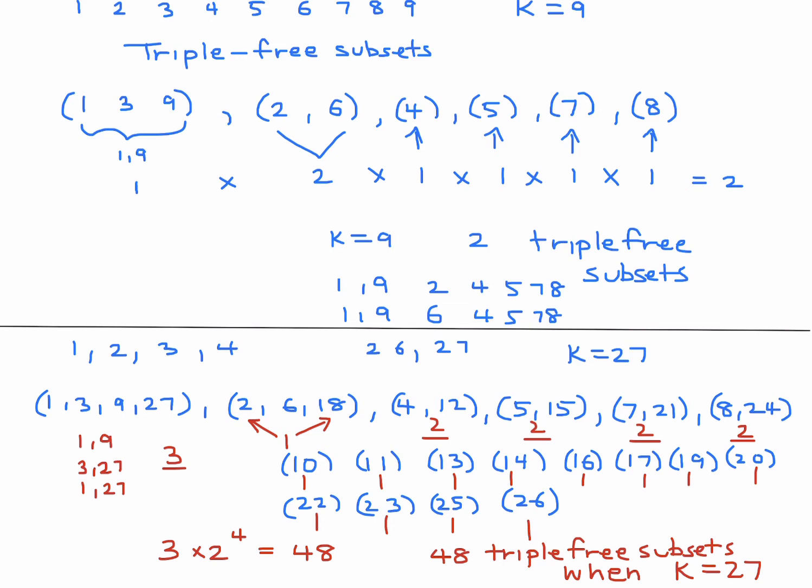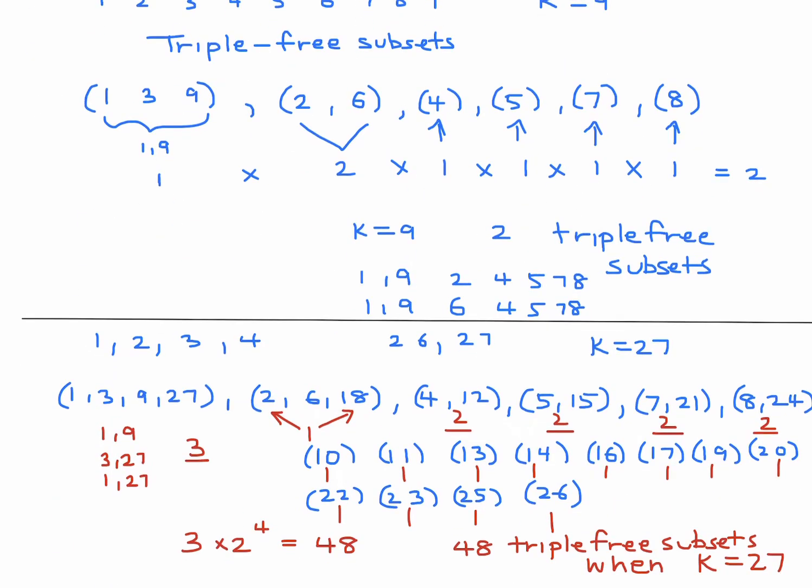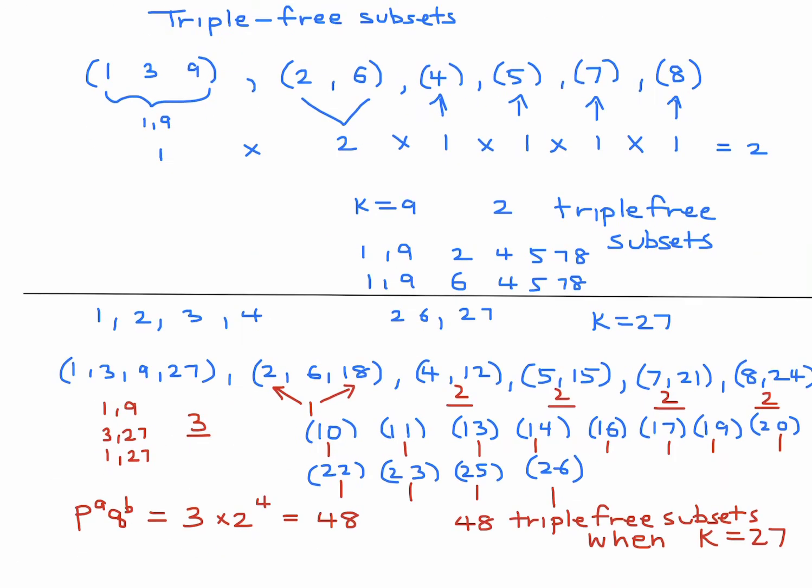And also, I hope you can notice that this number is in that form that they gave right here, p to the a, q to the b. So to calculate n, you just have to figure out p squared plus q squared plus a squared plus b squared, and that's very easy to do.